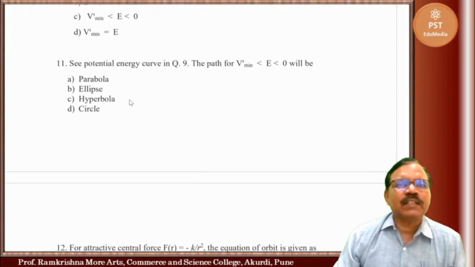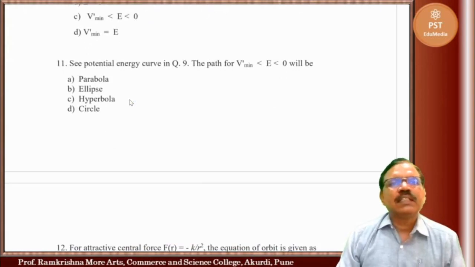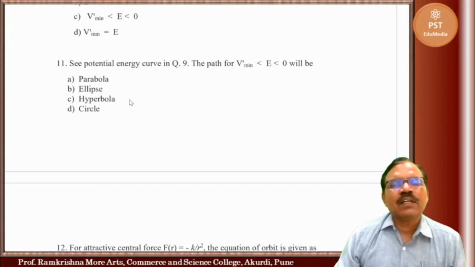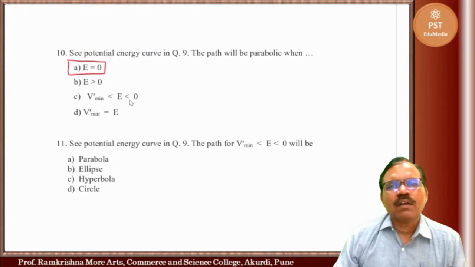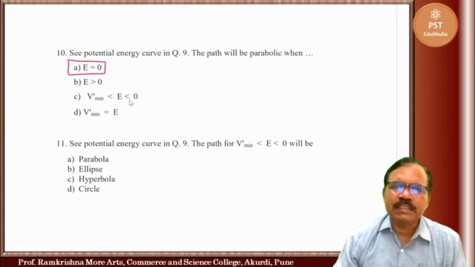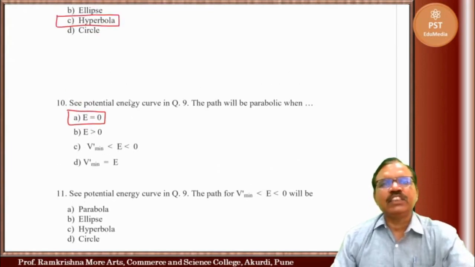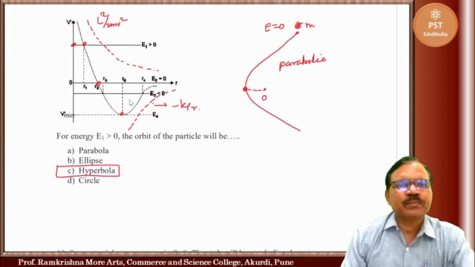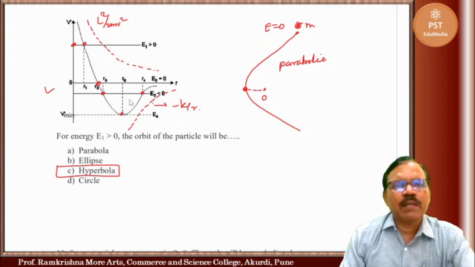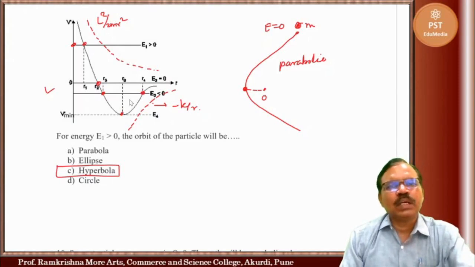Now next one, see the potential energy curve in question 9. The path for V dash minimum less than E less than 0: in this case it is bounded motion, it has two turning points. So what happens? It will move like this.